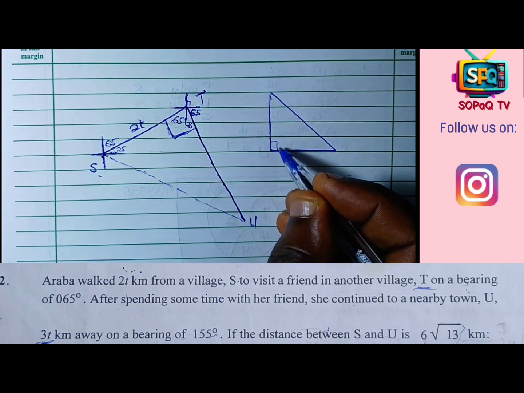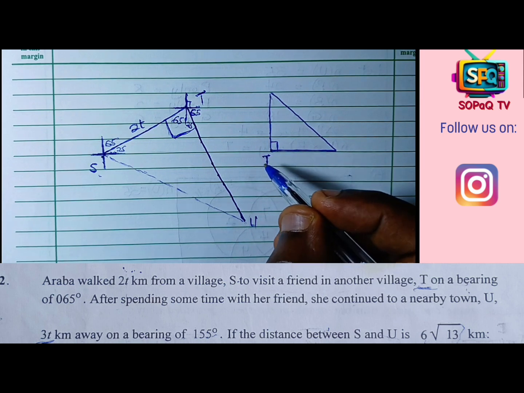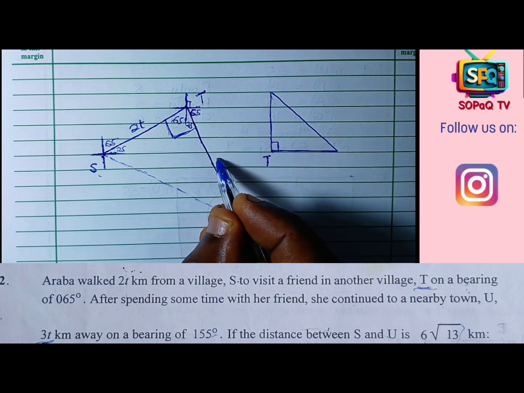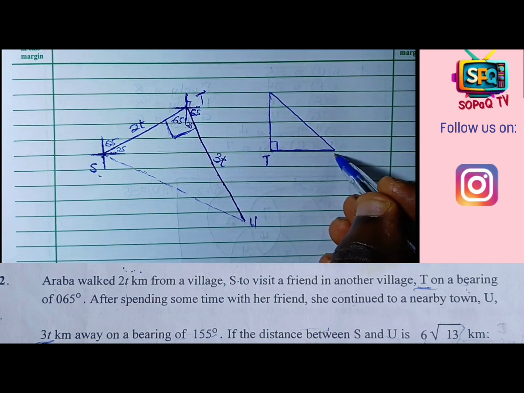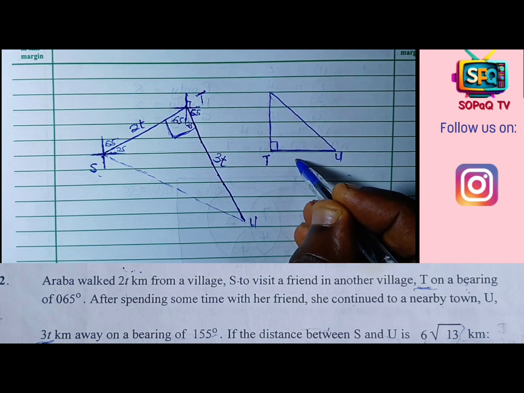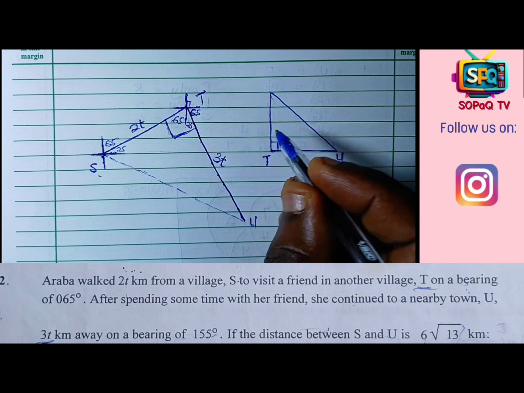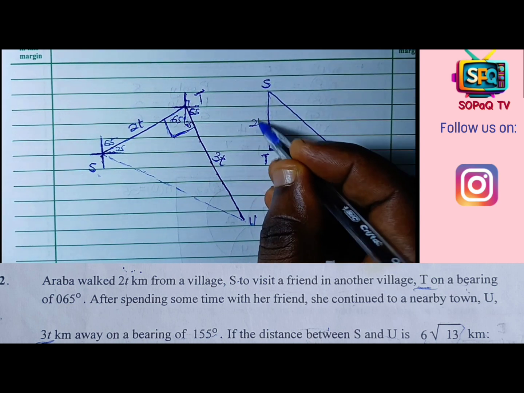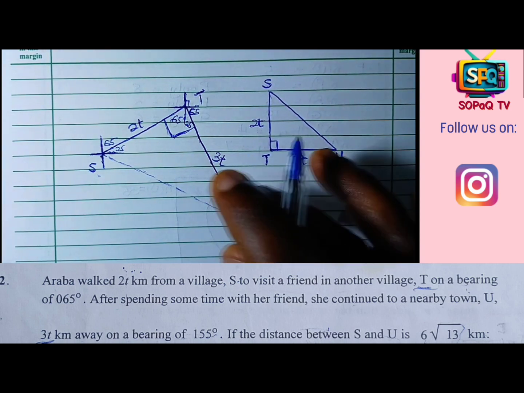So I show my 90, and then that point there is T. And the distance between T and U was also given as 3T. So we can say this side is our U and tag it 3T, and also tag this side as our S, 2T.